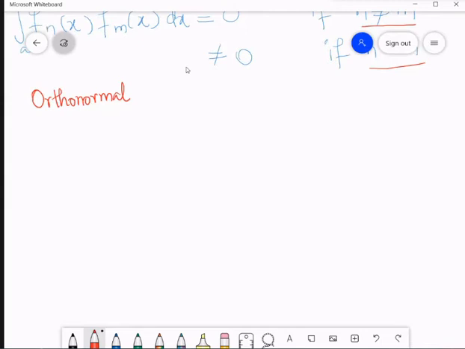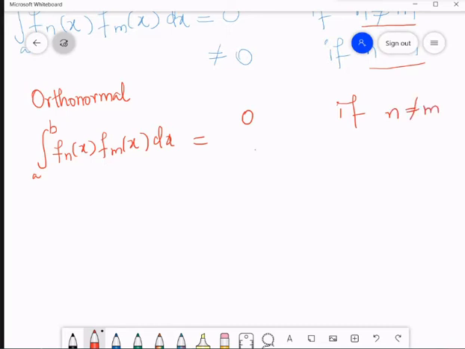Again I have that infinite set. I'll take the integral from a to b of fnx, fmx dx. This value is equal to 0 if n is not equal to m, and I'll have a 1 here if n is equal to m. So this is the definition for an orthonormal set.